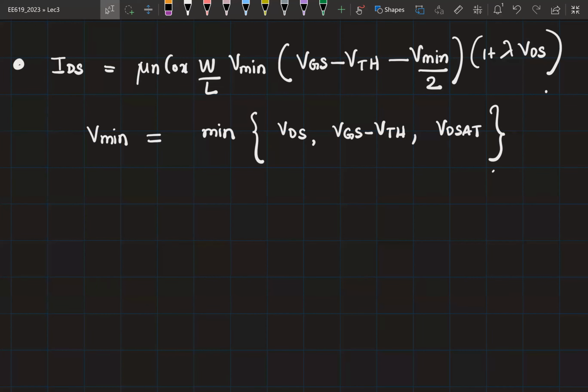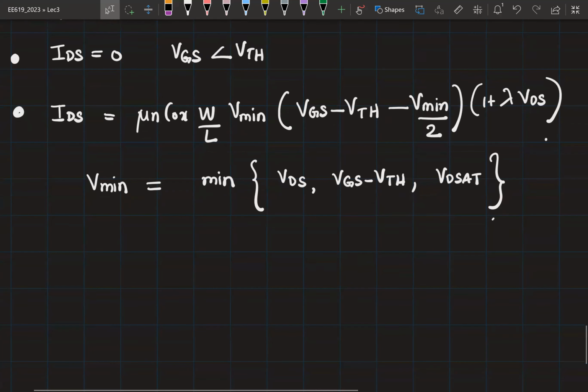And this is the VDS for which you will have critical electric field in the channel. Okay? Correct. So I'll come to that in a minute. But other than that, is this condition clear for figuring out whether the transistor is in linear region, saturation region, or pinch off region?